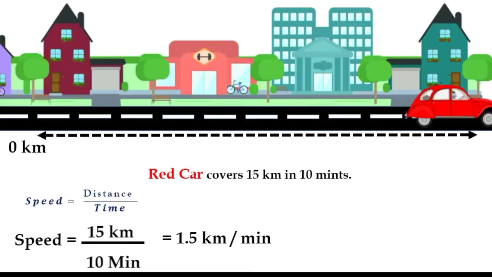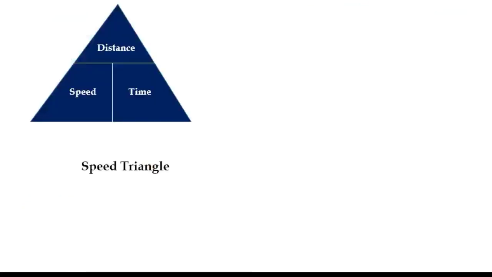That's why we can write the average speed as 1.5 km per minute, because the car can move with the same speed, and it can also move with different speeds.